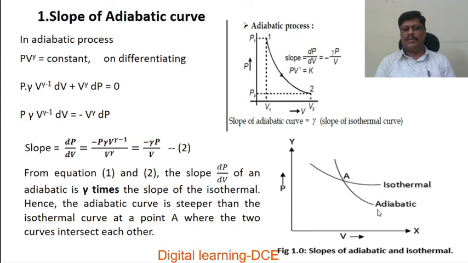Pressure in the adiabatic process is less due to the decrease in temperature. Therefore, the slope of the adiabatic curve is steeper than the slope of the isothermal curve.